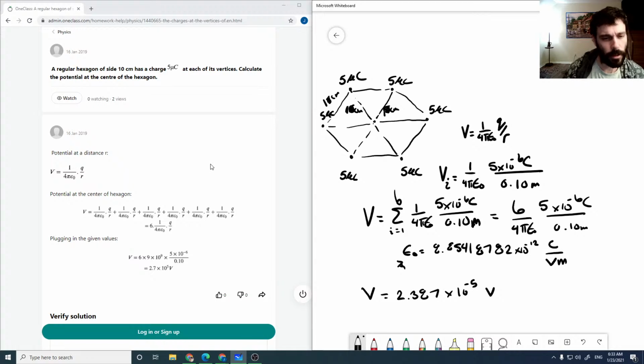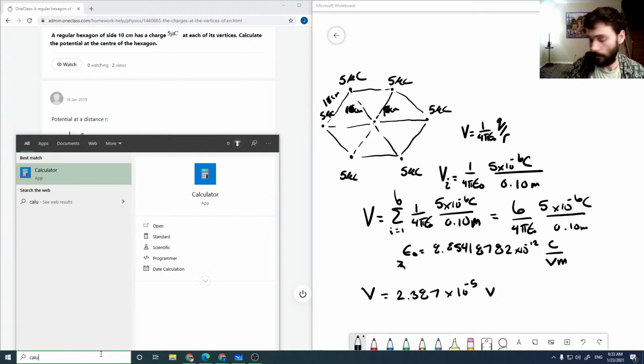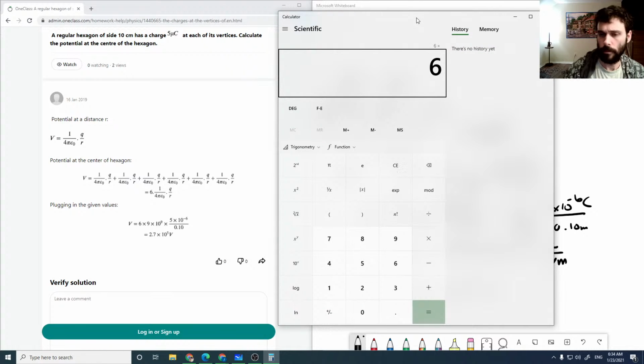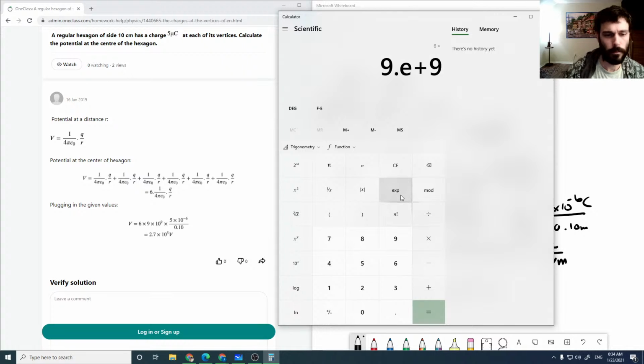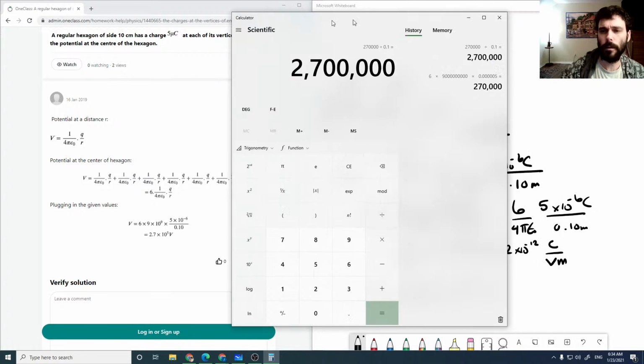If we check the solution here, it looks like we're doing the same calculation, so I'm not certain why our values differ. So I might just double check. Yeah, so maybe mine is just funny.